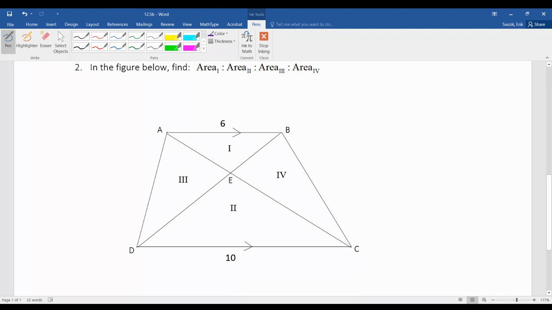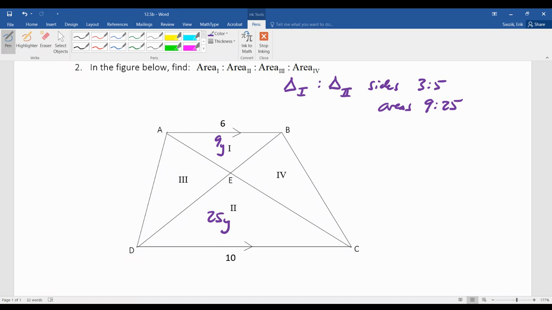The ratio of their sides, triangle 1 to triangle 2, is 6 to 10 or 3 to 5. That means the areas must be 9 to 25. So I'm going to call this 9y and this 25y, and that's just based on those being similar.